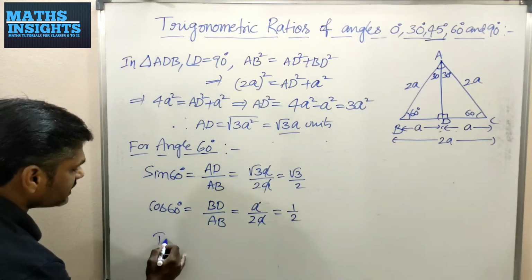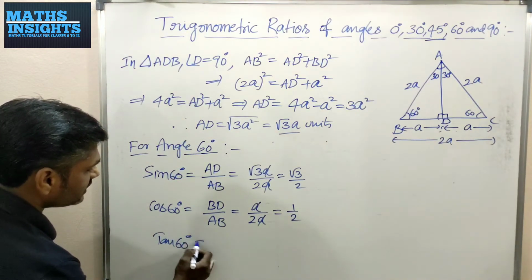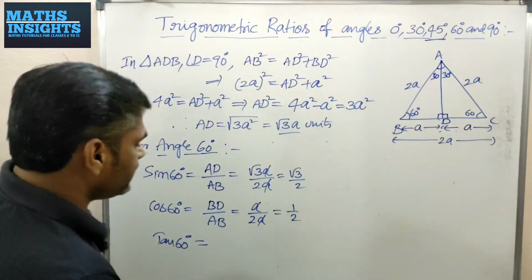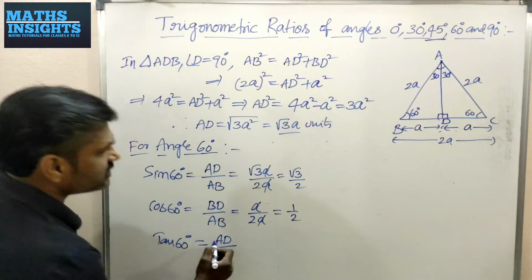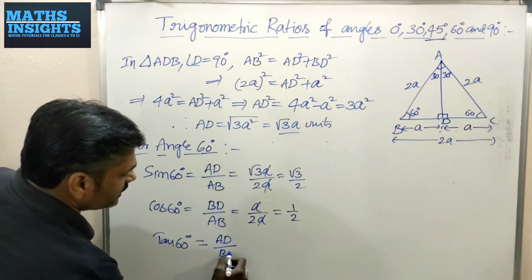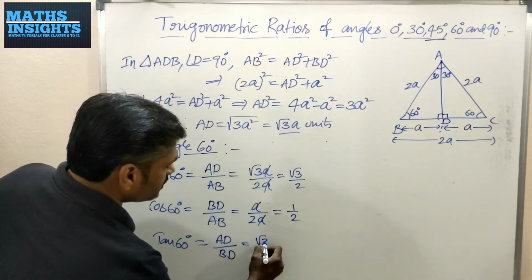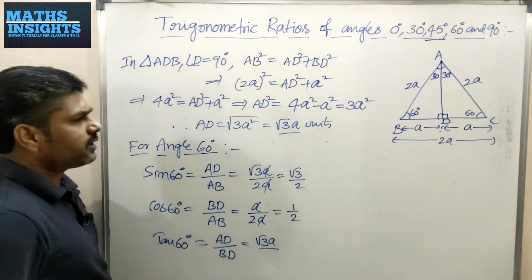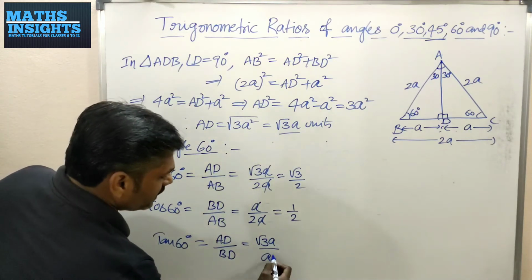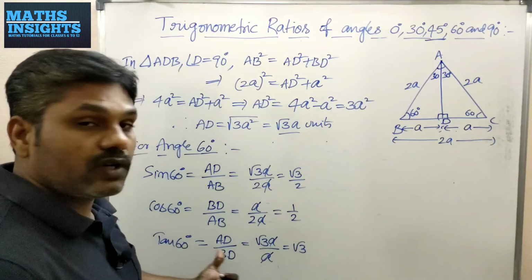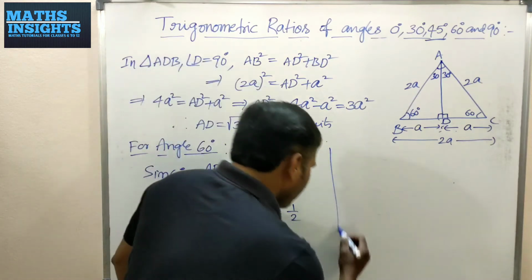Next, tan 60. Tan 60, side opposite to 60, so opposite is AD by side adjacent to 60, that is BD. AD is already calculated as root 3 into A, by BD, which is nothing but A. Cancel, then you will get root 3 as value of tan 60. Okay.